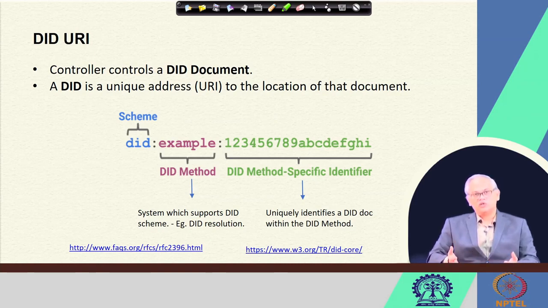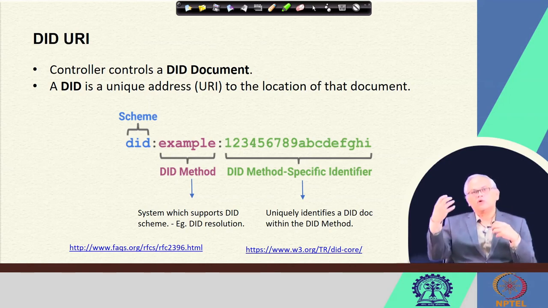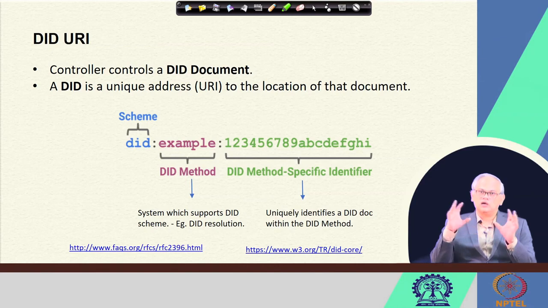It will be done by the controllers. But the important point to remember is that in the architecture of DID there is logically an entity called the controller, and logically another entity which is the subject, and physically they might of course be the same.